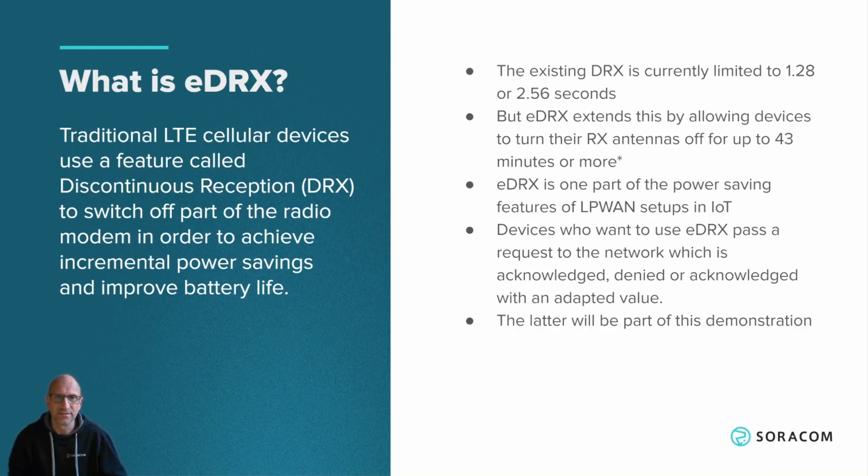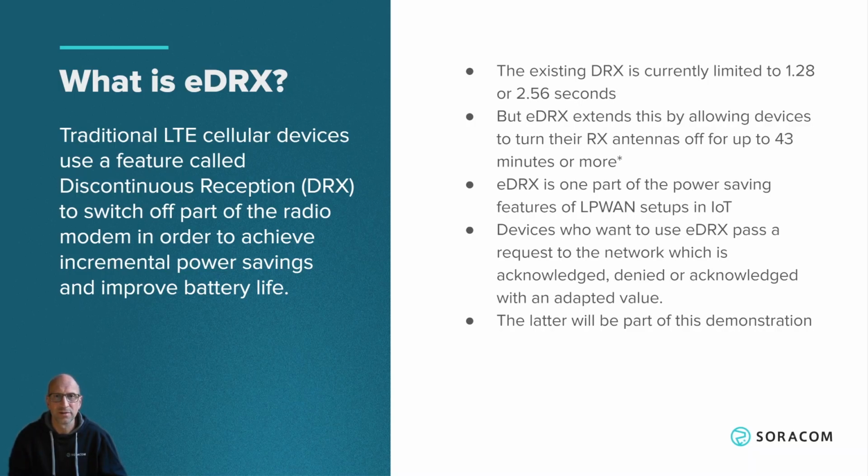What is eDRX in general? eDRX is the extended way of discontinued reception, which is nothing else than switching off the receiver part of a cellular module. And due to this deactivation of the receiver part, you will save power.